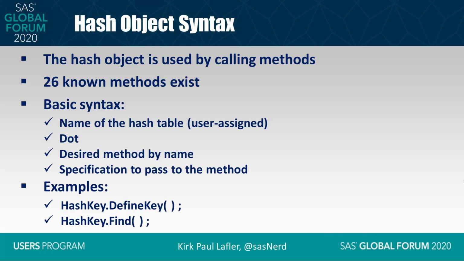There are 26 known methods. The basic syntax consists of the name of the hash table, which is essentially user assigned, followed by a dot, the desired method by its name, and any specifications or arguments that need to be passed to the method.